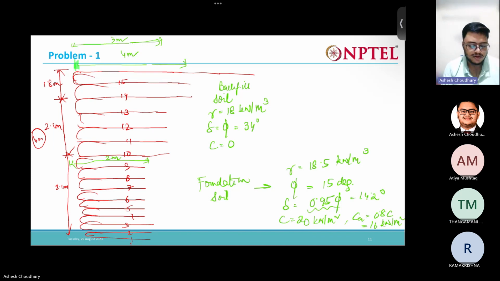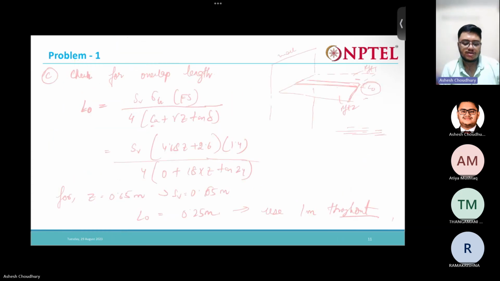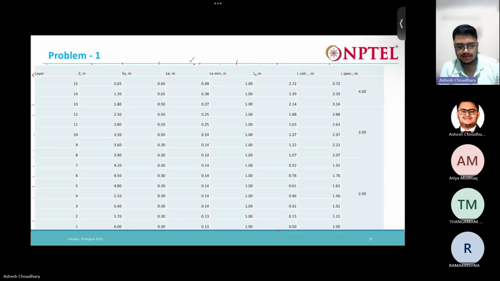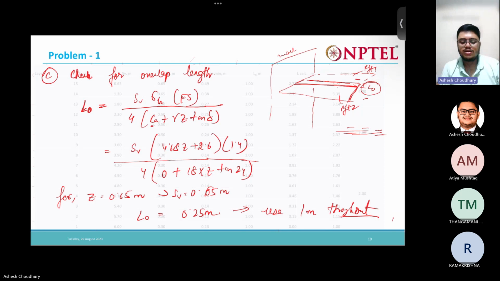So what I suggest is that you do this part again by yourself. This is very easy. You can just redraw this figure as per whatever you have specified in this table, and then try to solve it again.